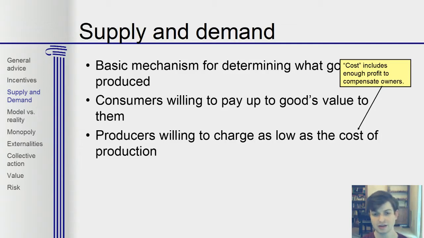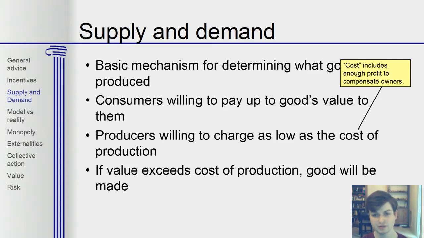So you have some sort of value you place on your time, and that is part of the cost of production. So when we say producers are willing to charge as low as the cost of production, meaning they don't really make a profit, we are including in that cost enough profit to compensate the producers for all of the effort that goes into the production.